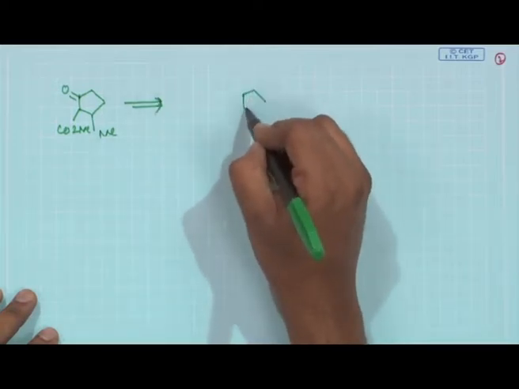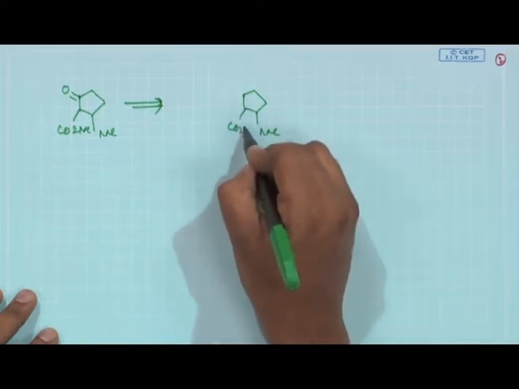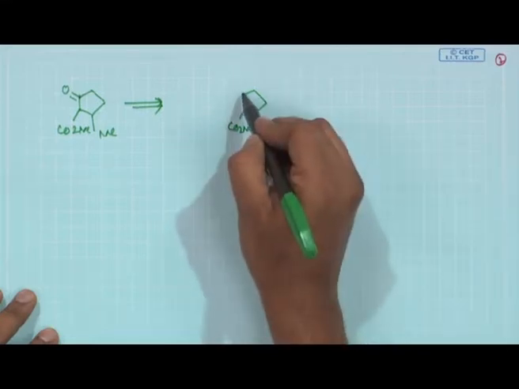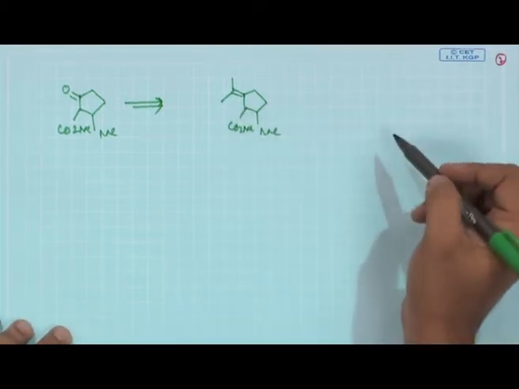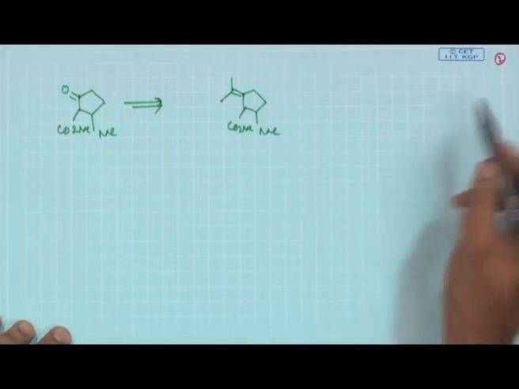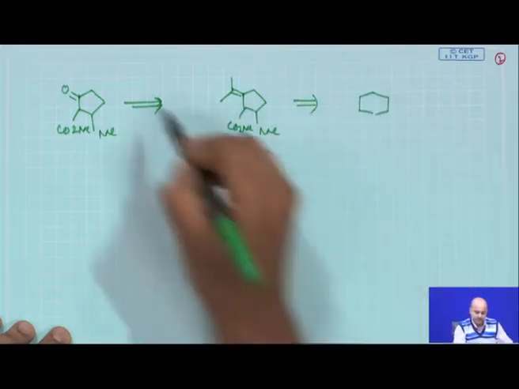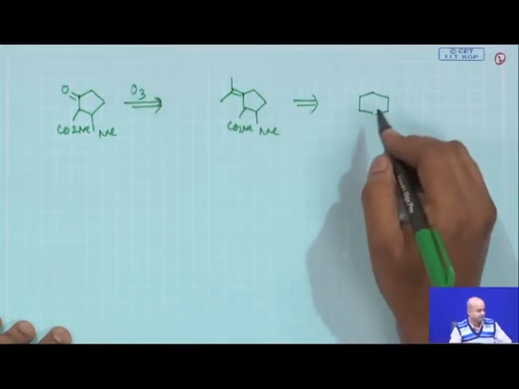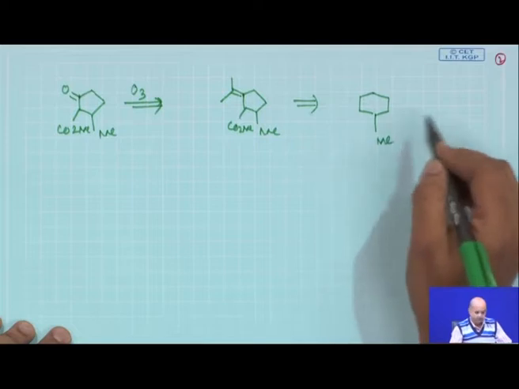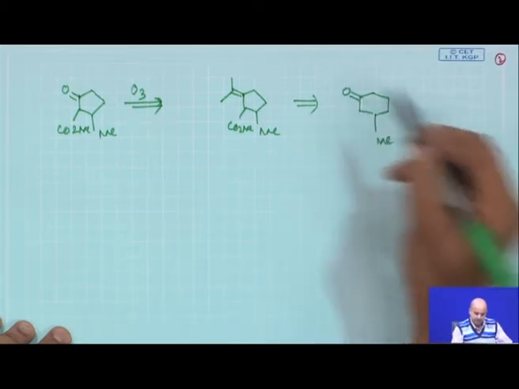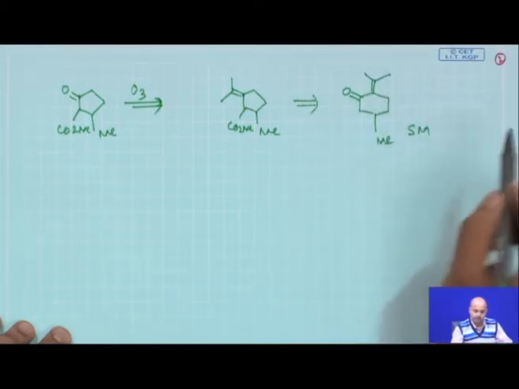This cyclopentanone compound, you might be thinking of making through this compound, by an ozonolysis reaction, and then we are now closing it here to the starting material, which is polygodial.